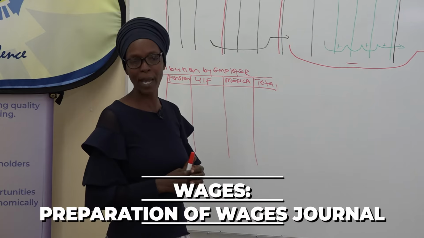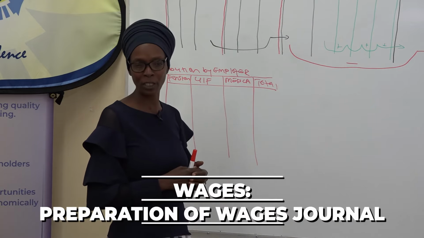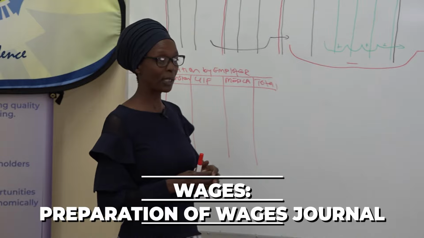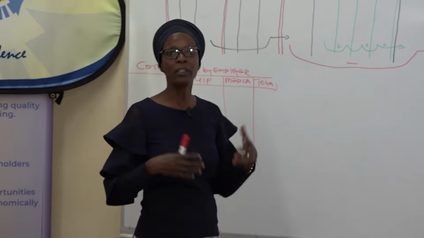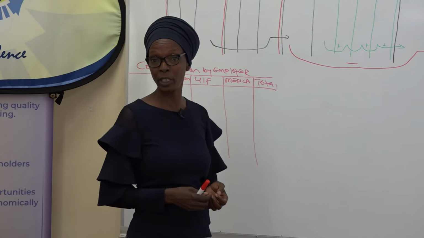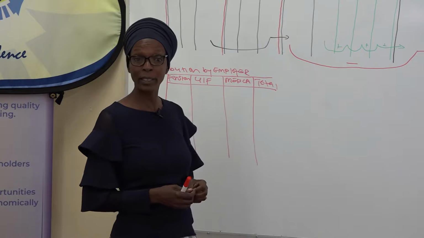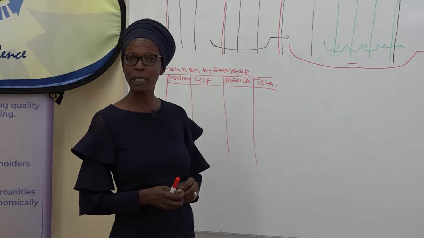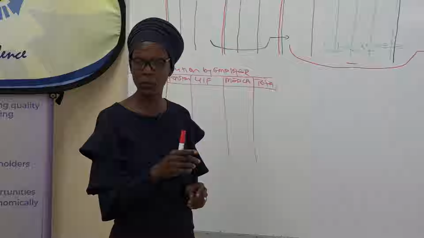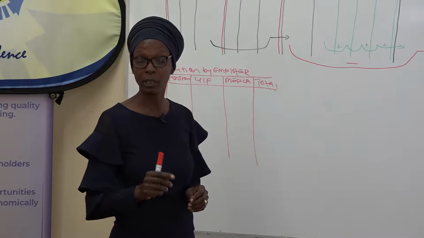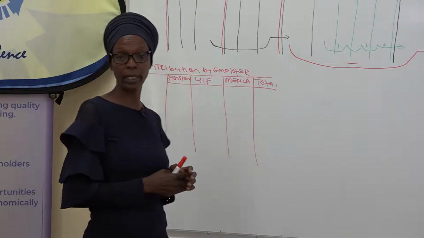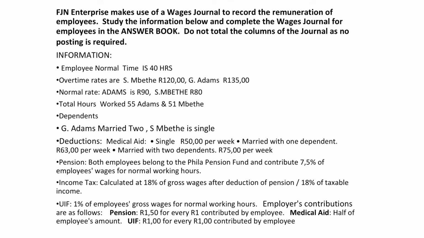Then you multiply by the given percentage to calculate your pay-as-you-earn. Some examiners say pay-as-you-earn is 18% of taxable income. You must know what taxable income is: a gross wage minus pension. Then you get the taxable income and multiply by the given percentage. Then the UIF is 1% of employees' gross wage for normal time working hours.